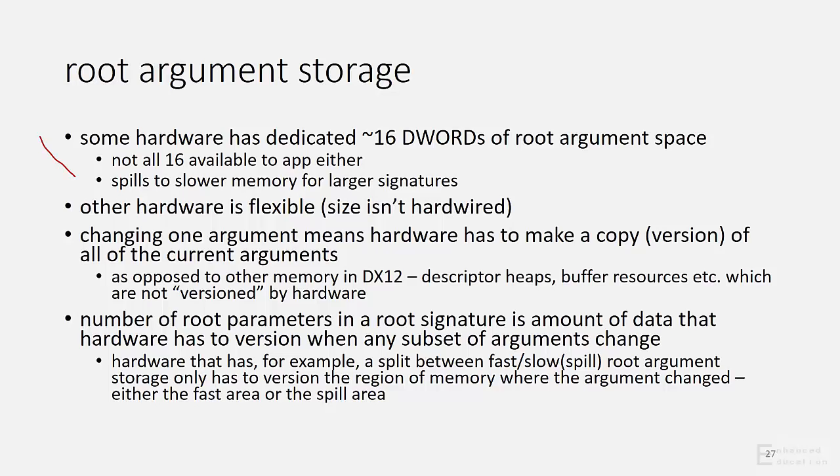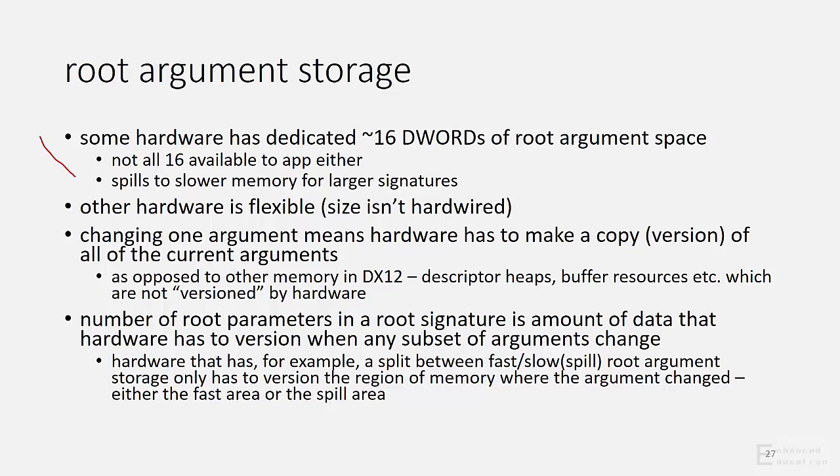One example of that was actually covered a couple of slides ago, where if an application is using the input assembler input layout, this hardware has to use one of the DWORDs to implement a pointer to essentially an internal descriptor table representing the vertex buffer bindings.